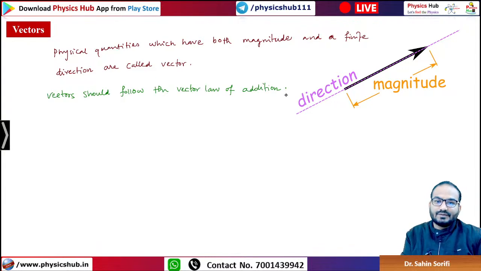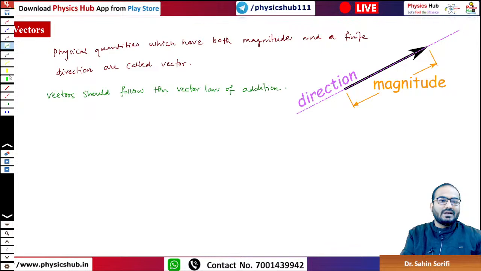Okay, this must be followed, then only it will satisfy to be called a vector. The controversial quantity, you see, current has magnitude, but it also has direction, but current is not termed as a vector quantity because it doesn't follow the vector law of addition. So this is a very primary thing.